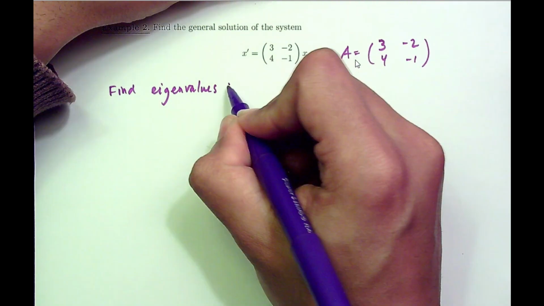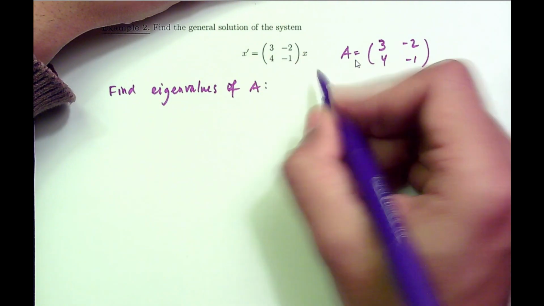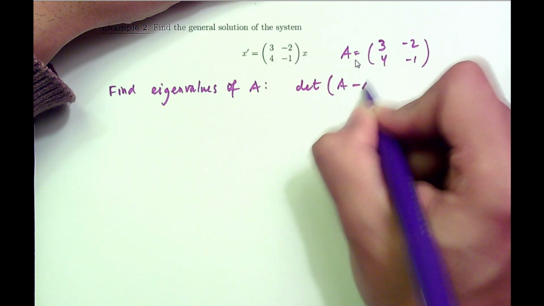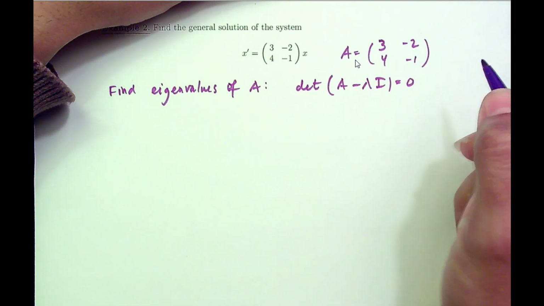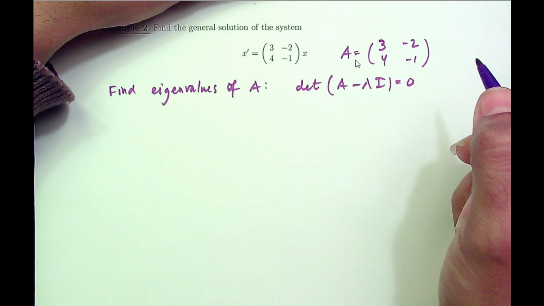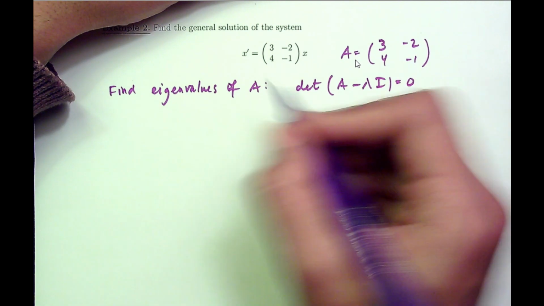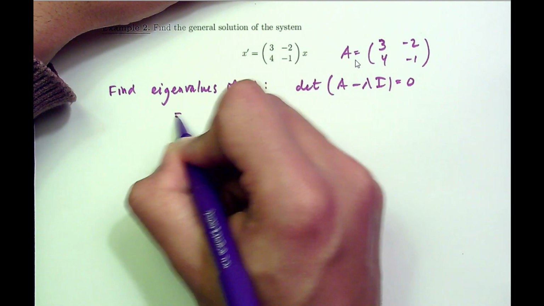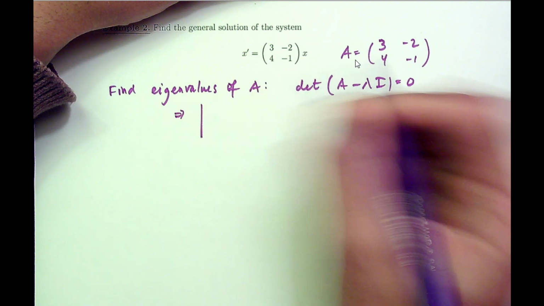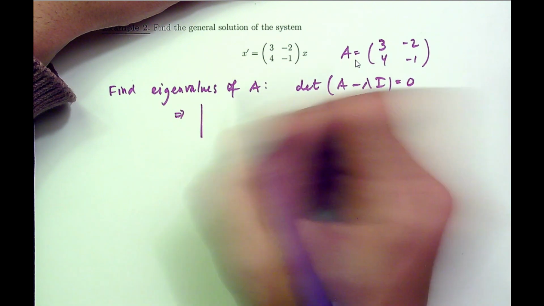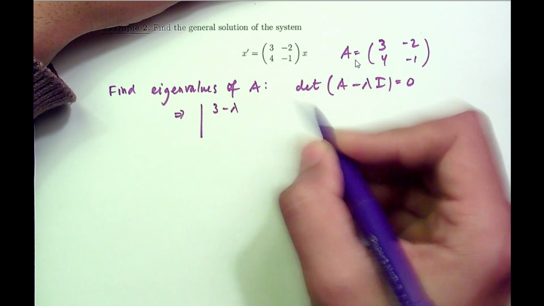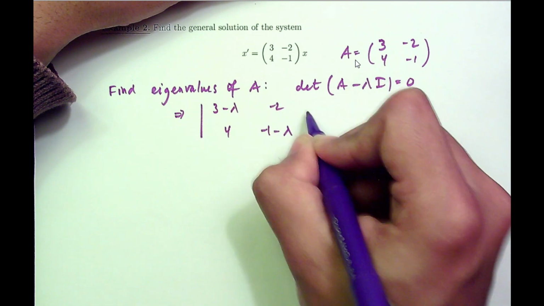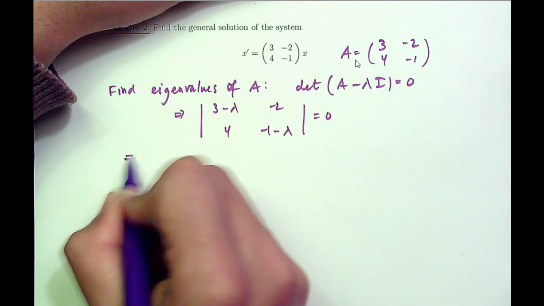So find the eigenvalues of A. We have to solve the equation determinant of A minus lambda I equals 0. This is the same as the determinant, and then you subtract lambda across the main diagonal. So this is 3 minus lambda, negative 1 minus lambda, and then 4, negative 2, equals 0.